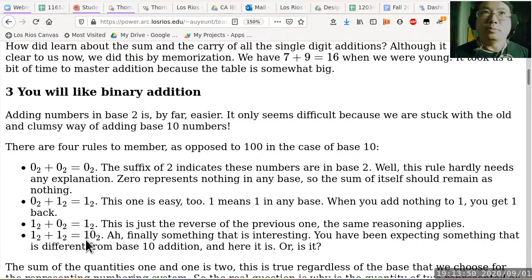Since we want to represent the quantity of 2, it has exactly one 2 to the power of 1, and that's why that digit in base 2 is a 1. So I'm going to give you a few seconds and see if there are any questions about this table that explains every possible way to add 2 single digits in base 2.